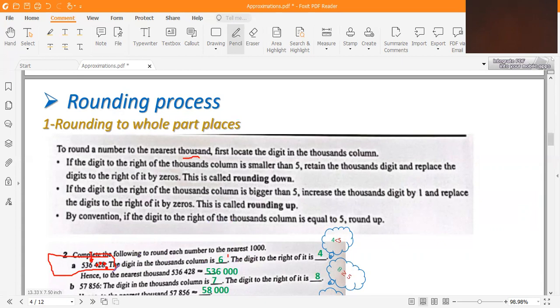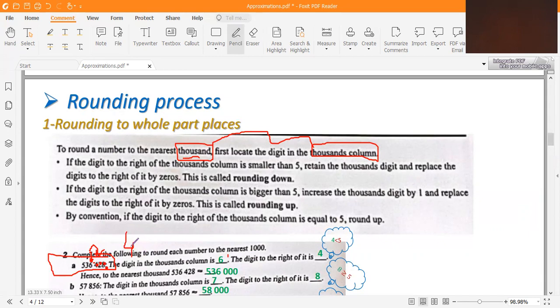Because we want to round the number to the nearest thousand, first we locate the digit in the thousands column. Secondly, we compare the digit located directly on the right of this digit, 4, to 5.